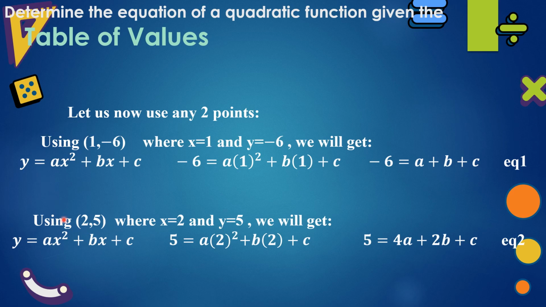Let us use the point with coordinates (2, 5), where x is 2, y is 5. Substitute to the equation. 2 squared is 4. So we will have 5 is equal to 4a plus 2b plus c as our equation number 2.